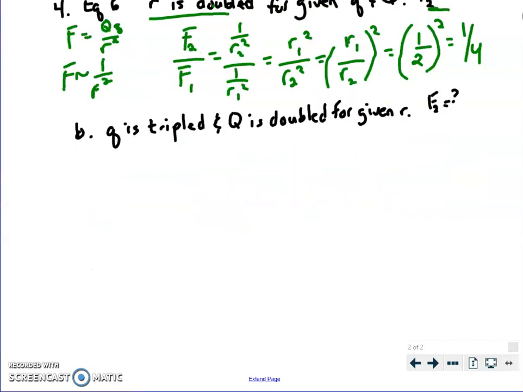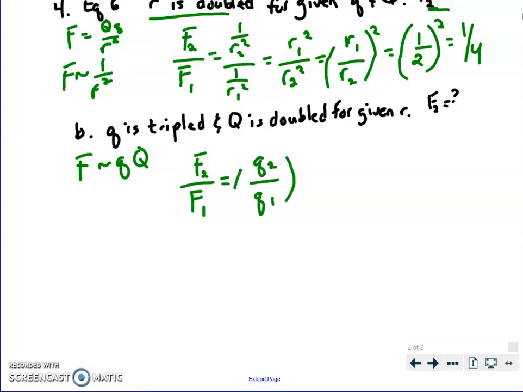Our last one, I might have mixed little q and big Q, but it won't change the answer. So same equation, but now since R is staying the same, I'm just going to do F is proportional to Q times big Q. Okay, I keep what was on in the numerator because both are changing. So F2 over F1, I'm still looking for that, is basically equal to Q2 over Q1 times big Q2 over big Q1.